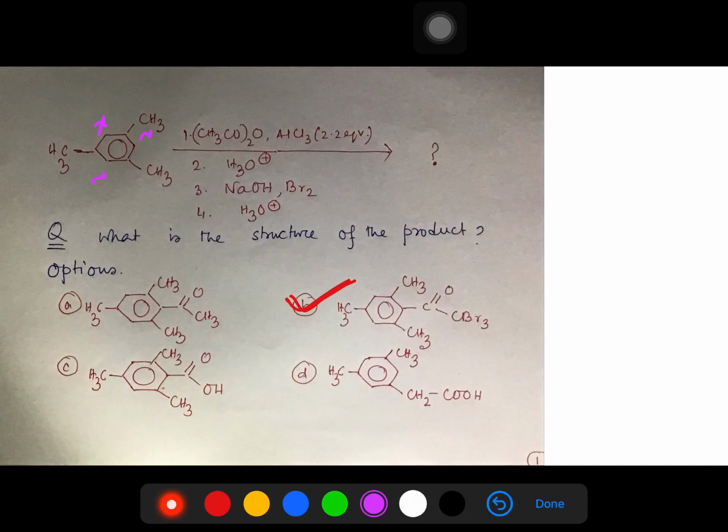Point number 2 is that this is the haloform reaction condition, but the haloform reaction has 2 parts. One part is halogenation, better to say trihalogenation, and after that hydrolysis. Trihalogenation is possible, but hydrolysis is not possible because of steric protection at this carbonyl group, due to this mesitoic acid system. So this is the product.